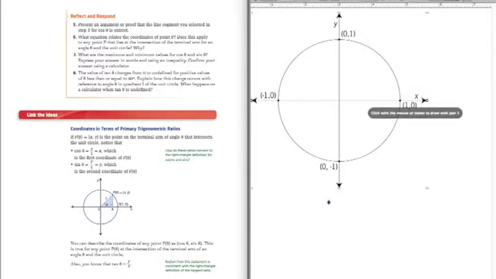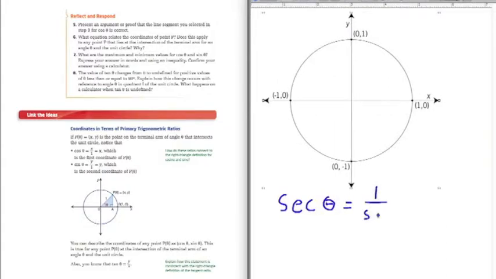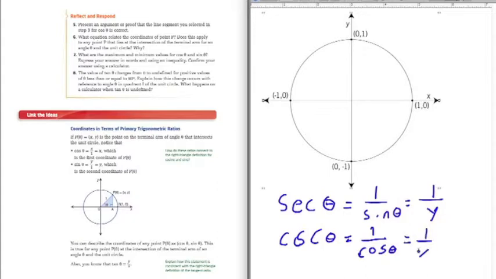So let's take a look. The first one is secant theta, which is equal to 1 over sine theta, which is going to be 1 over y. Cosecant theta is just going to be 1 over cos, and that one would be 1 over x.